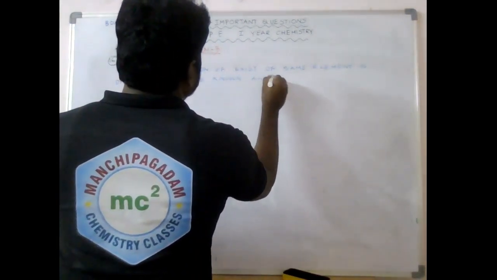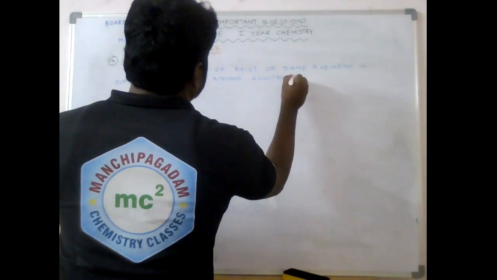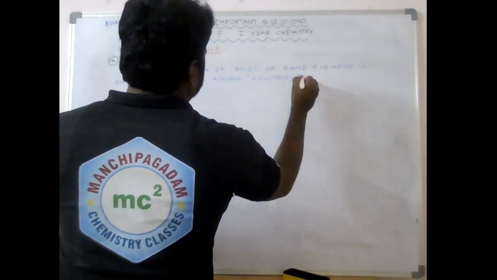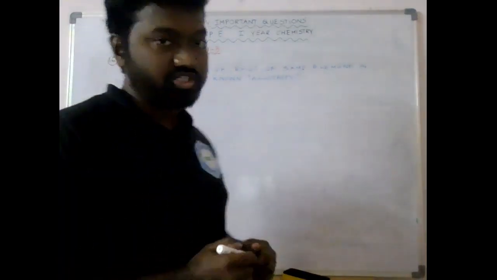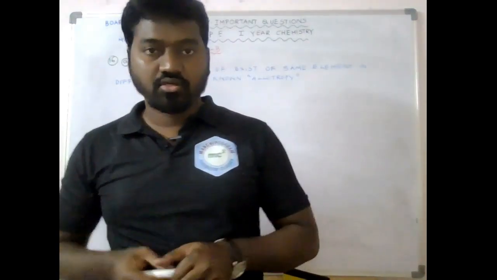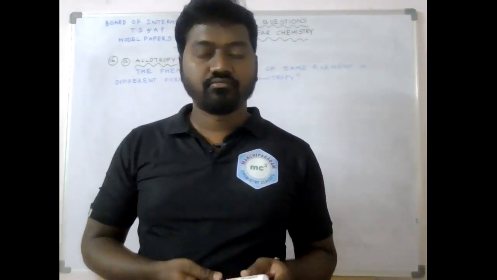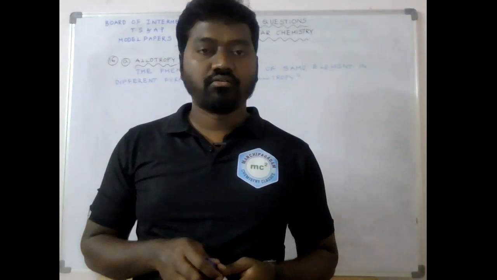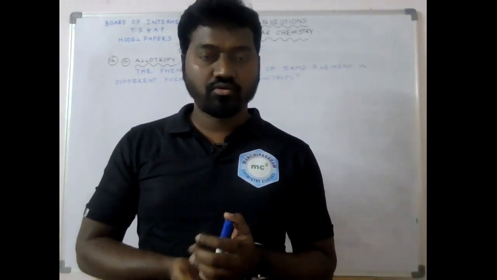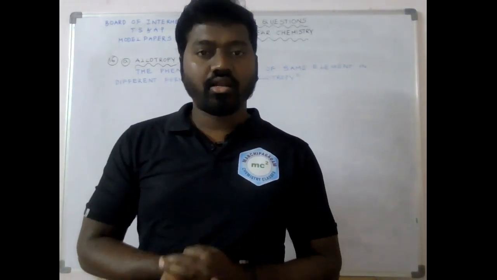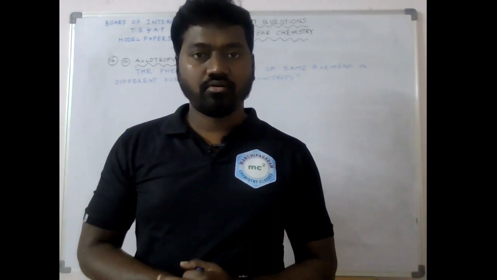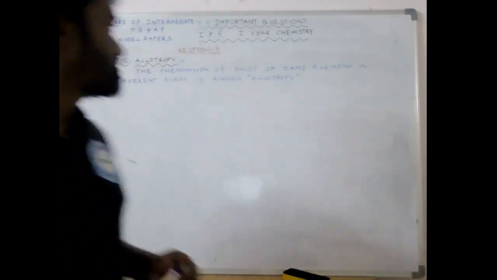We already know the allotropes of carbon, which I just told you in the introduction: diamond, graphite, both of them are carbon only. Even coal also, charcoal also. All of them contain carbon only, correct? But the properties are different.